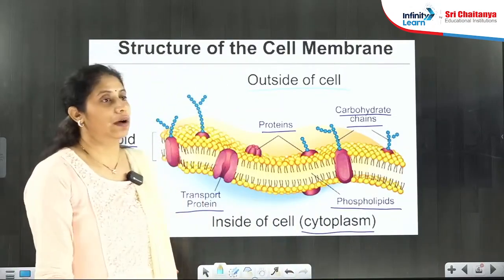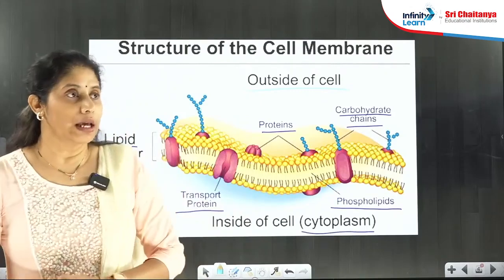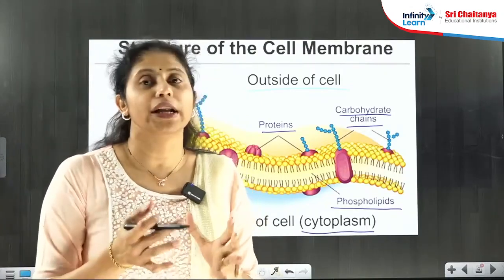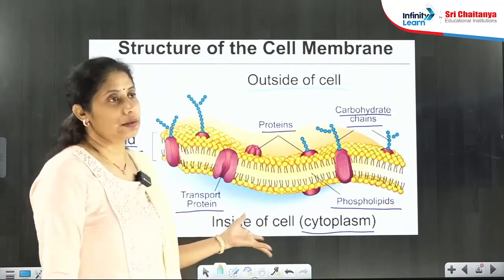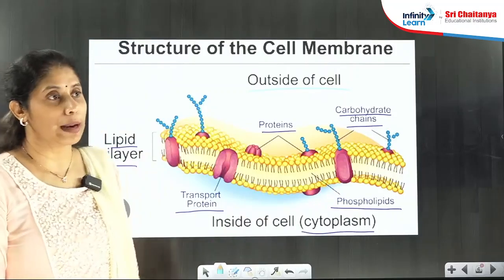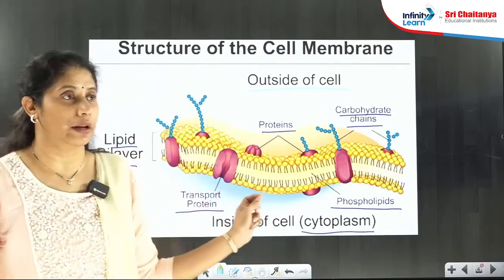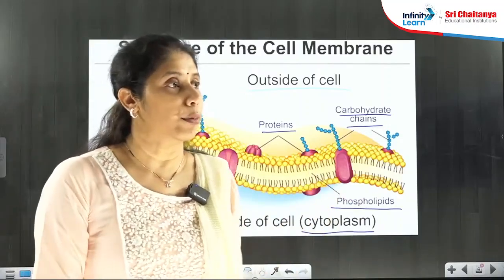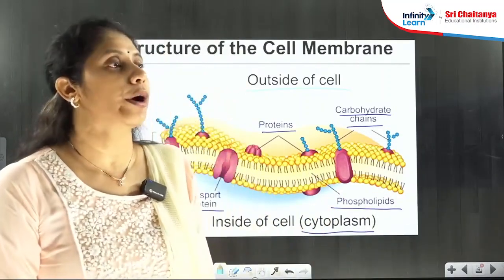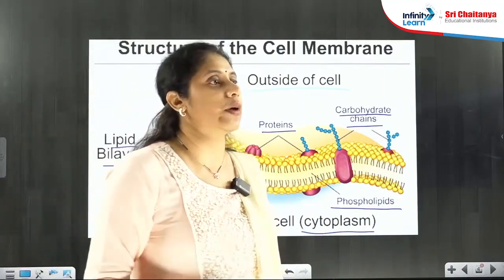Yes, very good. Now, plasma membrane is made up of which molecules or materials? You can see in this structure the names are given with what they are made up of. Yes, lipids, very good. Carbohydrates, proteins, yes, very good.